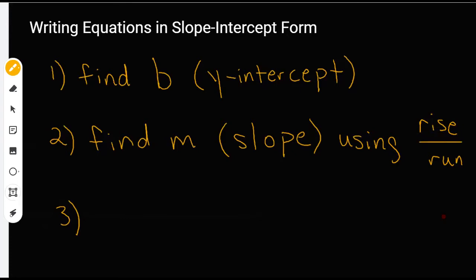And then once you've found b and m, the last thing that you need to do is put your answer in y = mx + b form. So you're going to write y = mx + b. And I'll leave that up there for you guys to copy down. But it's very simple. It's just a three-step process for every single question we're going to do today.